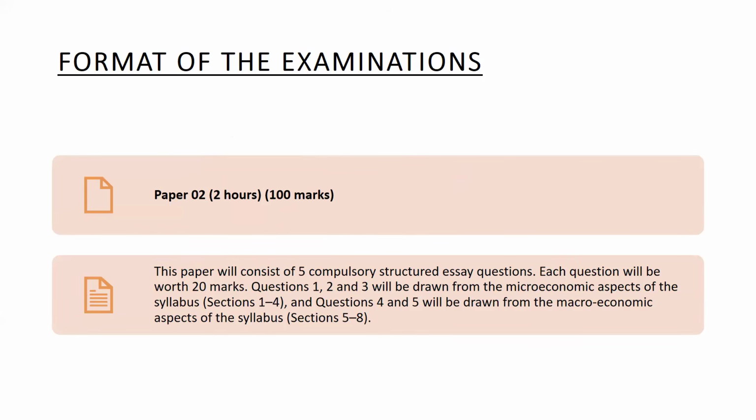So I'm not telling you how to do this, but if you know your microeconomics perfectly and you could get full marks in the first 3 questions, you basically pass your paper two already. So microeconomics can prove to be very important. I would say make sure you know all, but if you know your micro, you'll be on real points.